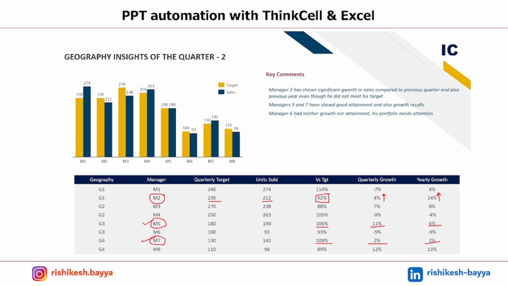And manager 6 had neither growth nor attainment, and his portfolio needs attention. Okay, so manager 6, this person basically had performed below his set targets, and his growth is also negative if I see this, right? So this person, I mean, his portfolio needs certain attention, right? So this is what comments are saying.